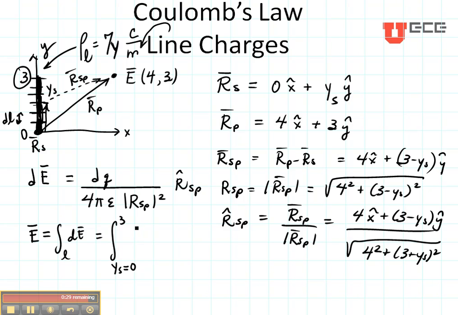And what is dq? dq is rho L times dl over 4 pi epsilon rsp squared, unit vector of rsp. We'll come back to this in a minute.